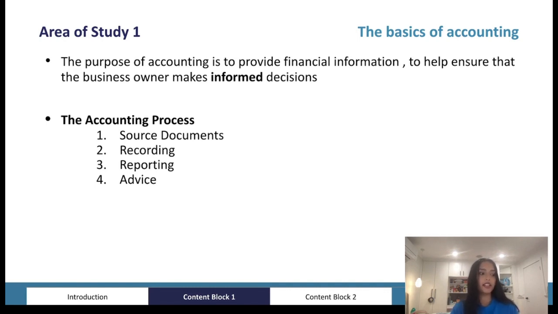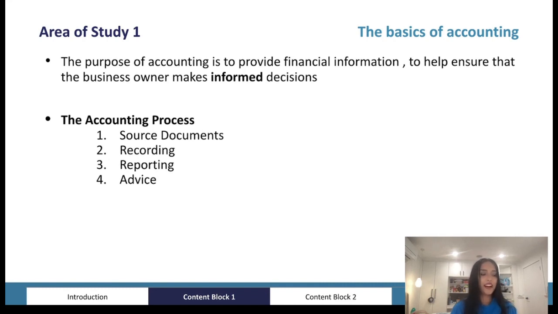So that process is collecting source documents, recording those source documents, so recording the transactions, and then preparing financial reports. So that's your balance sheet, your income statement, your cash flow statement, and also budgeted reports. So budgeted balance sheet, budgeted cash flow statement, and budgeted income statement. Variance reports as well. There's a lot of reports.